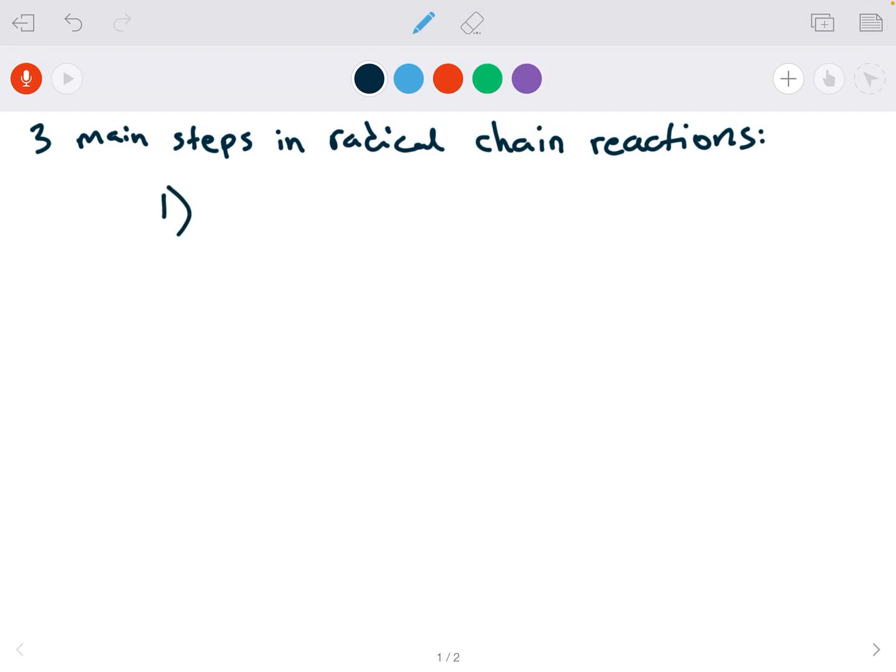Step 1 is initiation. Step 2, propagation. And 3 is termination.